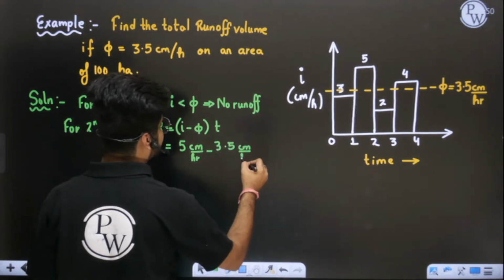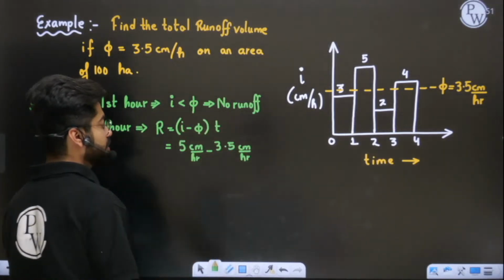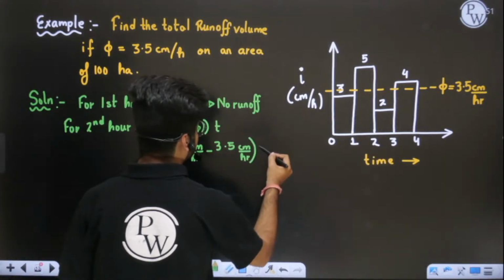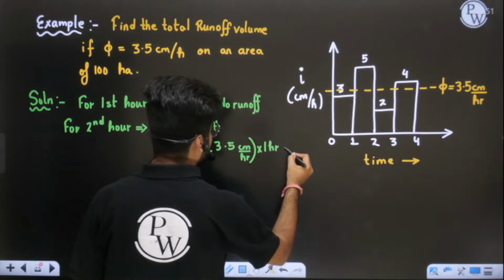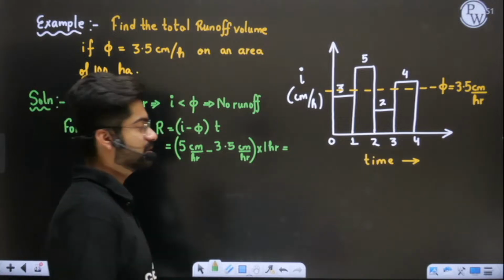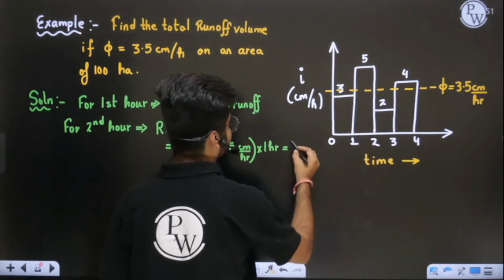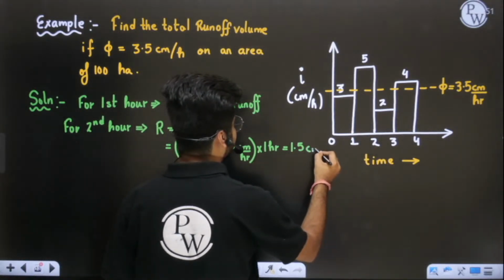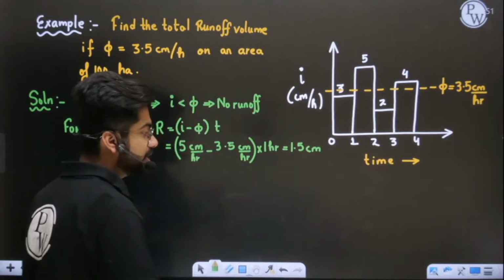Out of 5 centimeter per hour, 3.5 is going into the ground. So how much is remaining? 1.5 centimeter per hour is your runoff intensity. Multiply by 1 hour, because this is 1 hour only, so we get 1.5 centimeter.